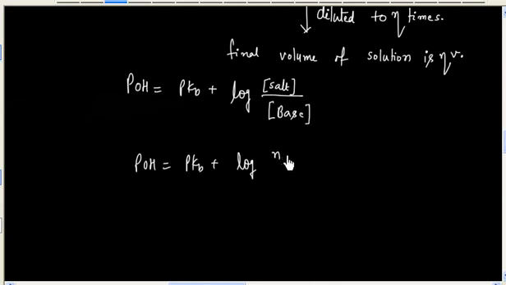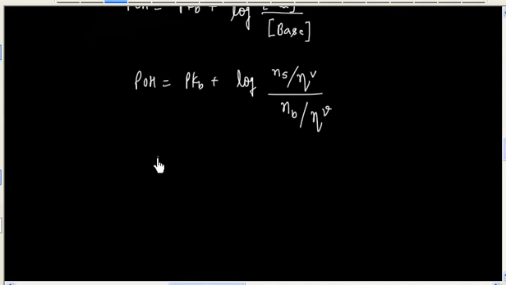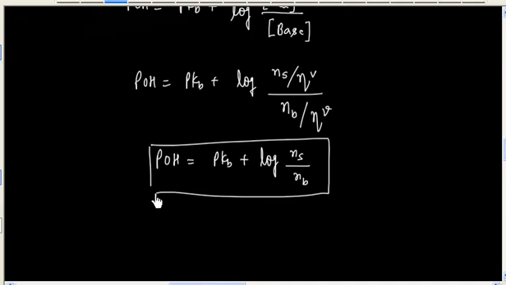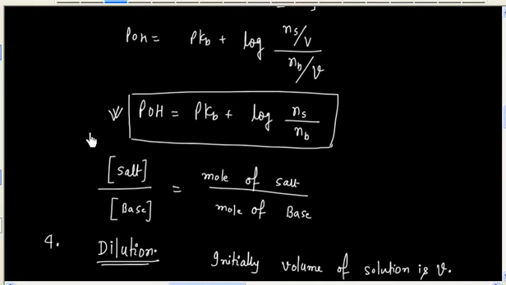Concentration of salt is mole of salt divided by new volume. Concentration of base is mole of base divided by new volume. So we will have same pOH. So final solution has same pOH as the initial solution.